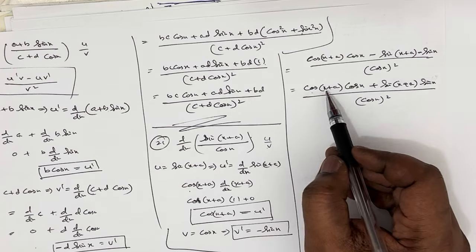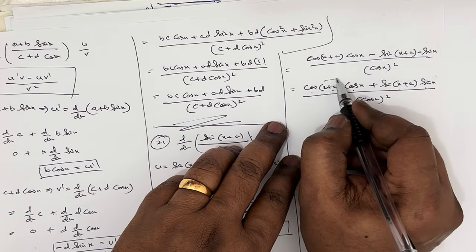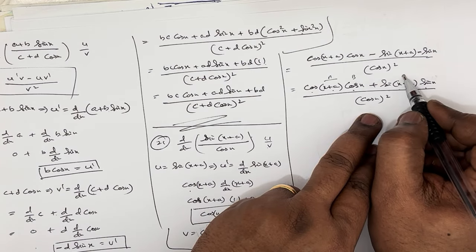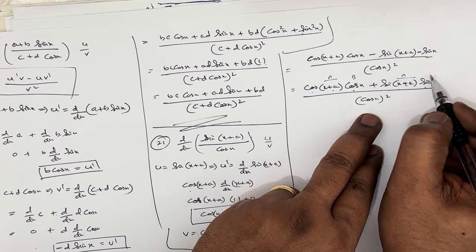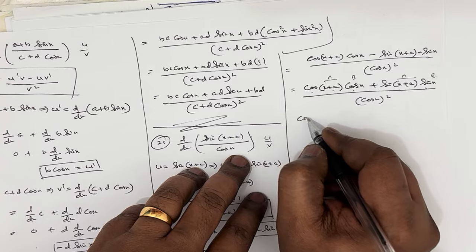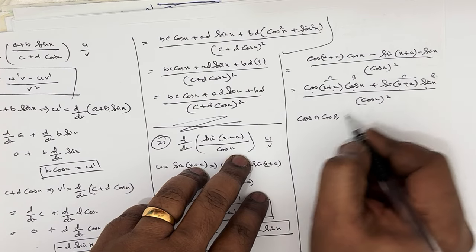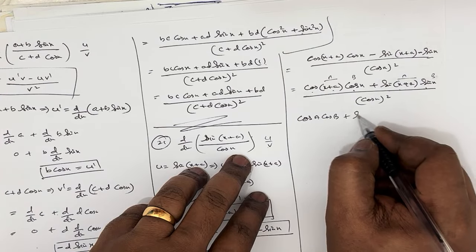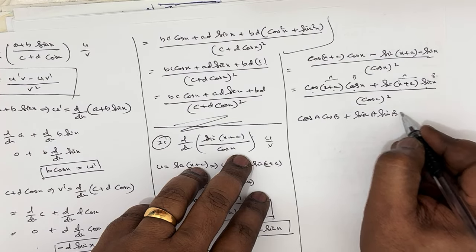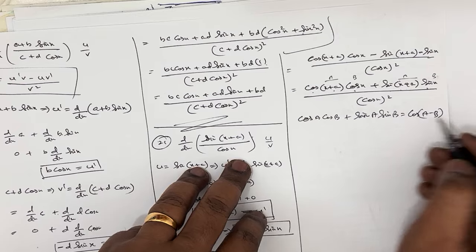Now you see, this is in the form where, if you assume x plus a to be A and x to be B, then cos A cos B plus sin A sin B. There is a trigonometric formula that cos A cos B plus sin A sin B is equal to cos(A minus B).